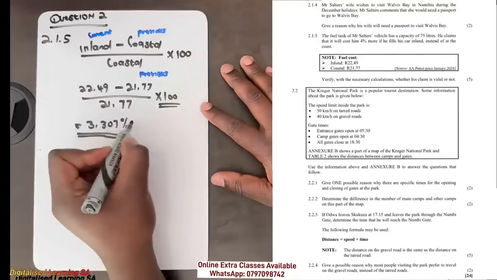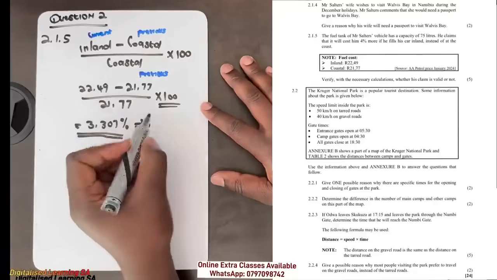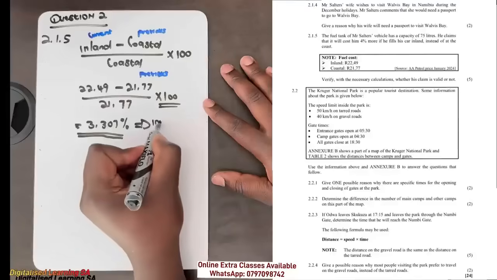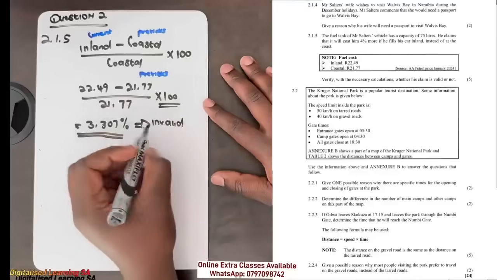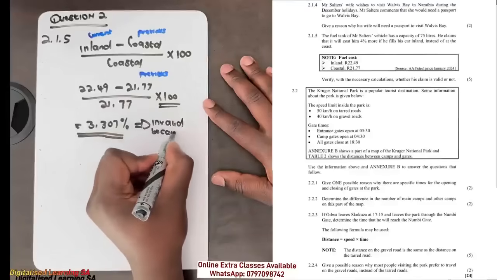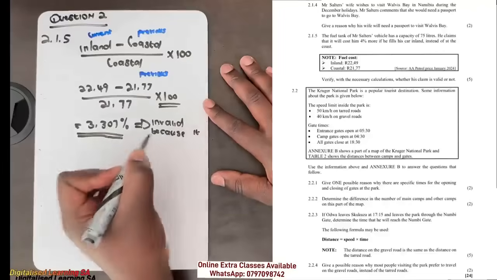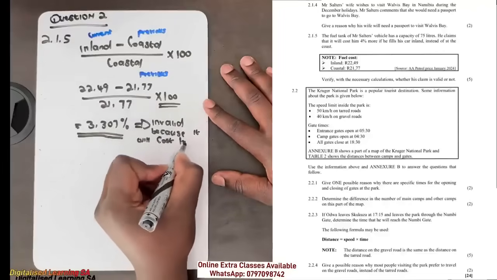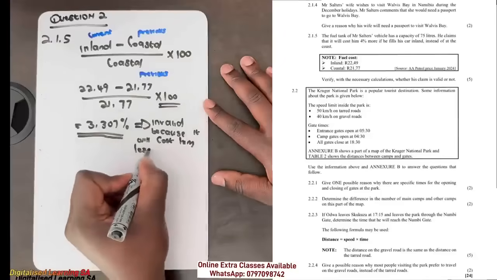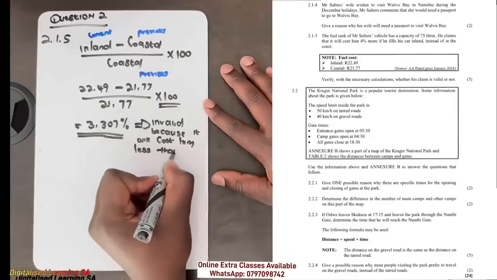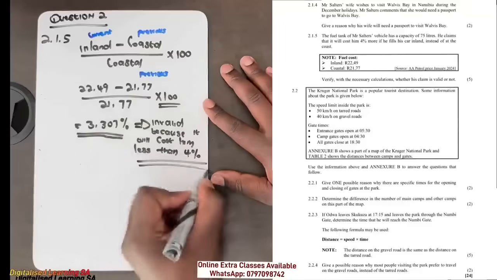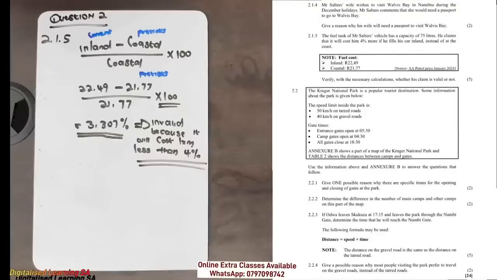So we can see that his claim is invalid because it will cost him less than 4%. Okay, and then that's question 2.1.5.